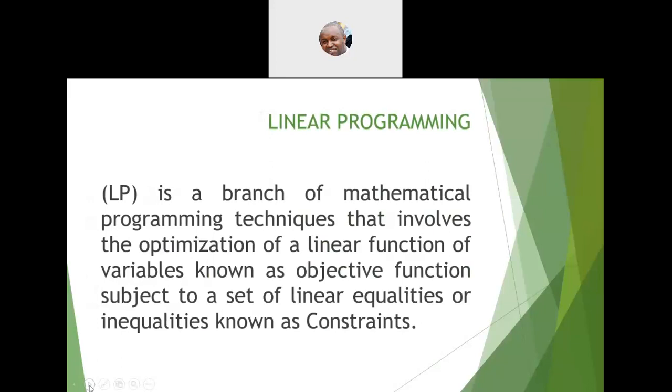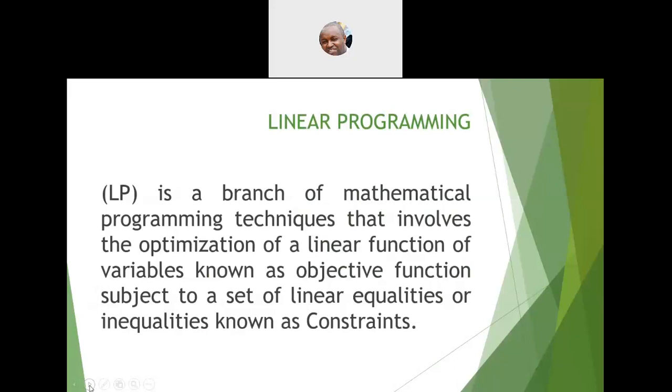Linear programming, therefore, is a branch of mathematical programming technique that involves the optimization of a linear function known as objective function, subject to a set of linear equalities or inequalities known as constraints.